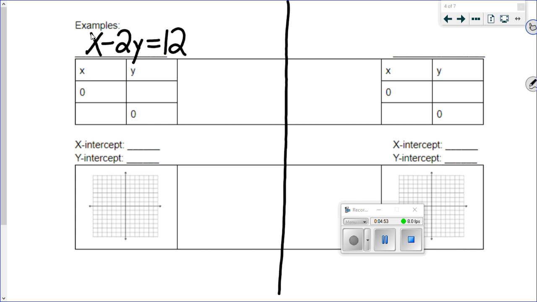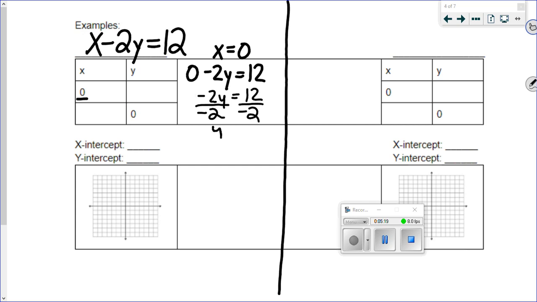Going back to our steps, the first step is to make x equal 0. So, x equals 0. 0 minus 2y equals 12. Negative 2y equals 12. Divide by negative 2. Y equals negative 6.